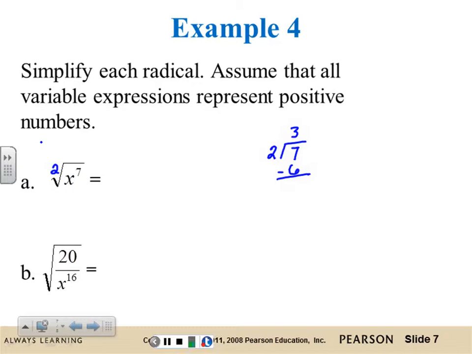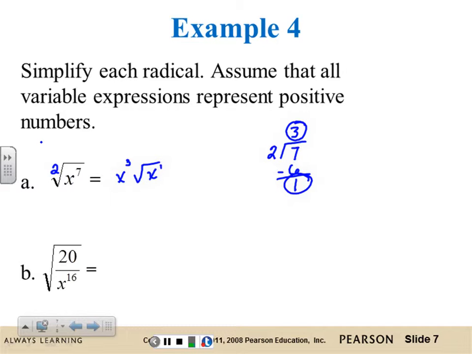Subtracting, we get 1 left over. So I can bring 3 x's out, which means I'm going to have x cubed on the outside times the square root, and I have 1 x left over, so that's going to go in here, and you can write the 1 up there if you want to, but we are talking about exponents, so keep that in mind.